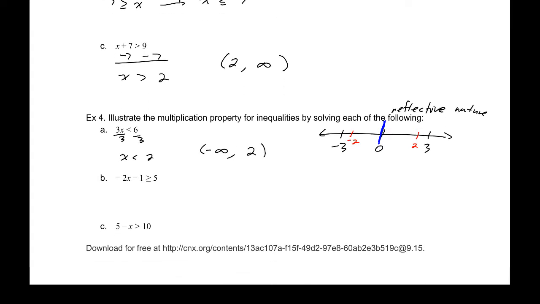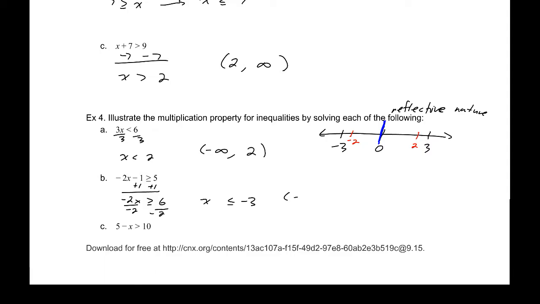Part B, we will add 1 to both sides. Greater than or equal to 6, dividing by negative 2, which means x is less than or equal to negative 3.